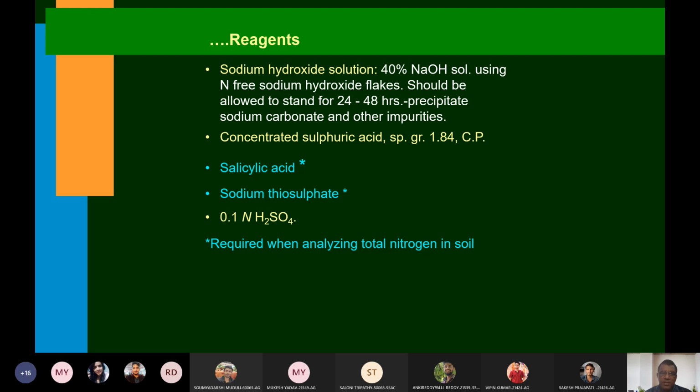They are used only for total nitrogen analysis in soil. And you also need a titrant for titration purpose. You need to prepare 0.1 normal H2SO4. And by now you understand very well how this 0.1 normal H2SO4 can be prepared.